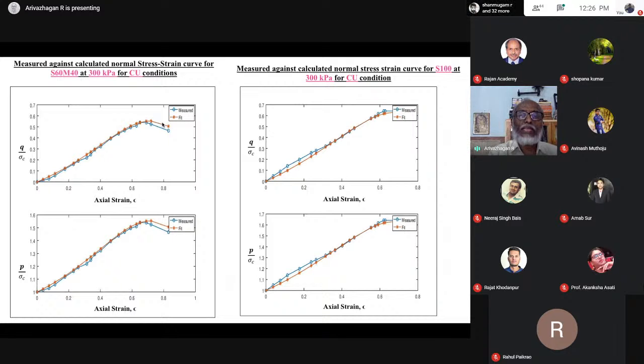So P, Q, gamma are the known values. By MATLAB software, using the known values, I found the 6 parameters A, J, K, L, B, D. Then I substitute the 6 parameters in those 2 equations, and I can find the value of P and Q. That is called a calculated value.